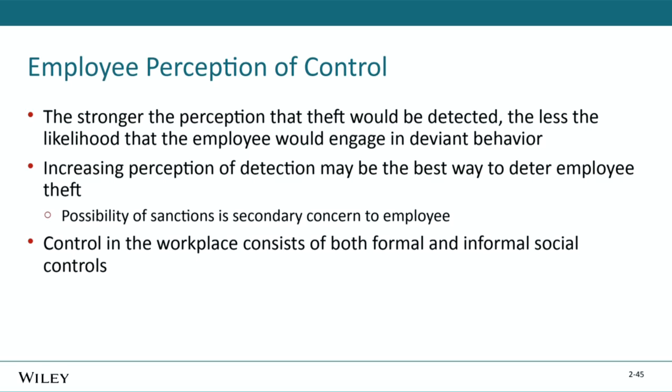When you get caught, we're going to punish you, turn you over to the authorities or sue you or whatever. Yeah, that's pretty strong. Stronger is that you'll get caught in the first place. Because if you think you're not going to get caught, who cares about the sanctions? Control in the workplace consists of both formal and informal social controls.